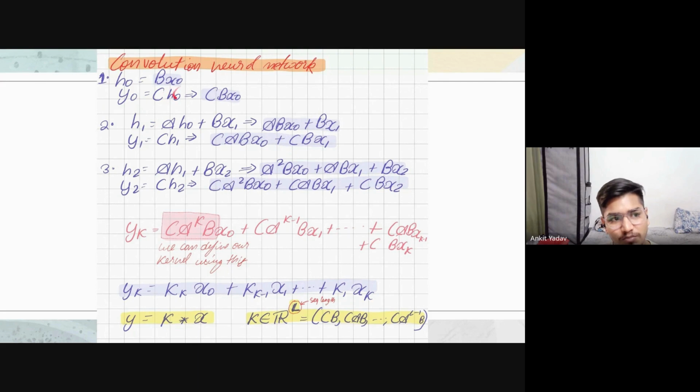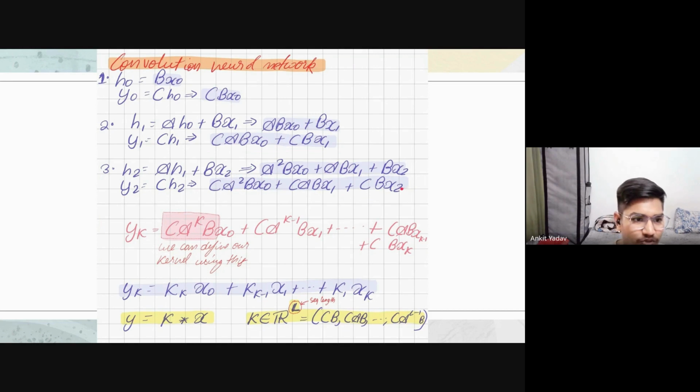If I just put this h0 again here, it will be CBx0. Similarly, in case of h1, it is Ah0 plus Bx1, and I have inserted this h0 from there to here. In terms of y1, it will be Ch1, and I'll put this h1 completely here again. Similarly, I'll be getting h2 and y2.